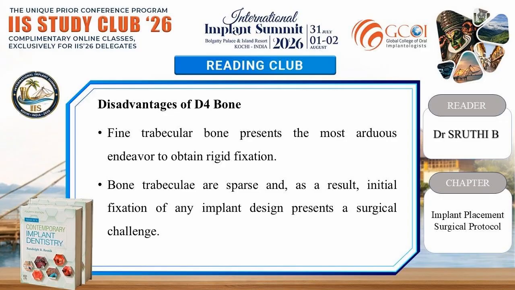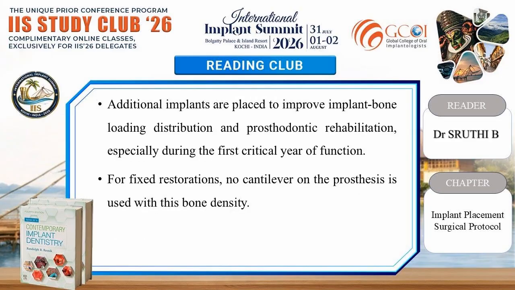Fine trabecular bone presents the most arduous endeavor to obtain rigid fixation. Bone trabeculae are sparse and as a result, initial fixation of any implant design presents a surgical challenge. Additional implants are placed to improve implant bone loading distribution and prosthodontic rehabilitation, especially during the first critical year of function.